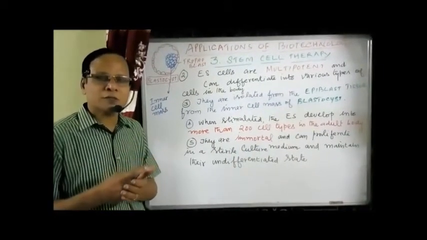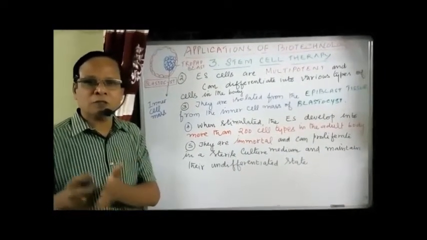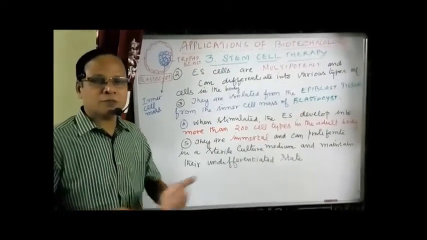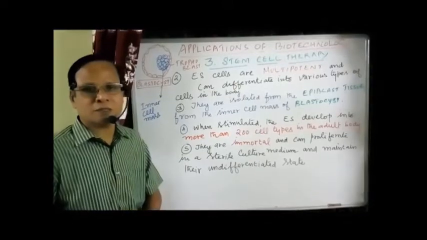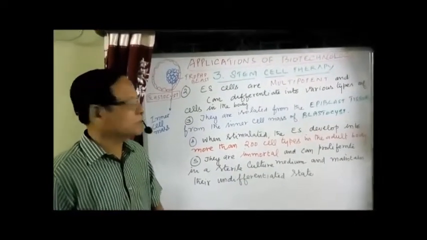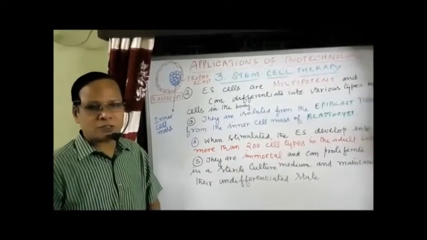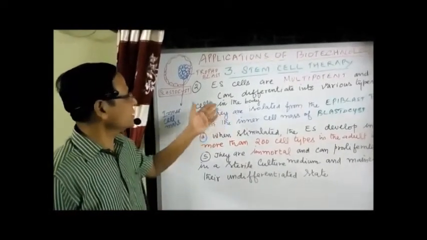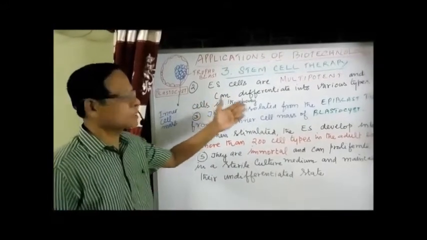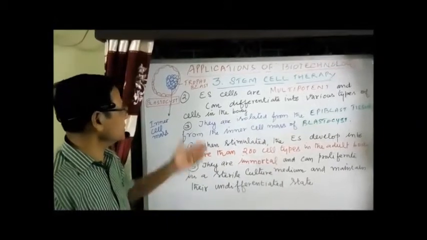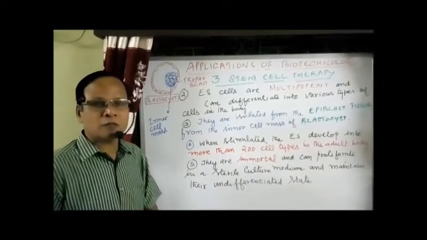Those cells differentiated from the ectoderm, endoderm and mesoderm are mostly related. For example, the mesodermal cells, the muscle cells, are related, or the blood cells are related. That's the meaning of multipotency, the production of various types of cells in the body, but from the three germinal layers.